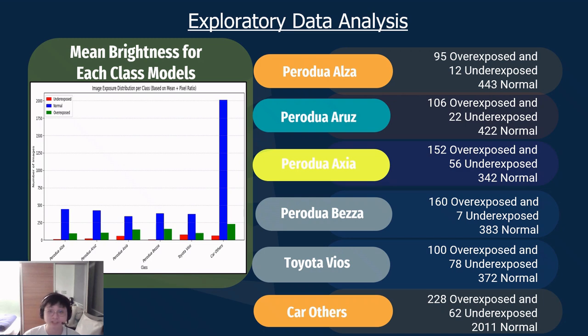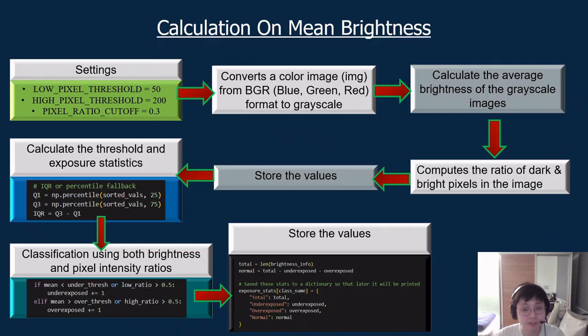And here is how we calculate the mean brightness and determine how the images are classified. In our code, we set the pixel thresholds: the low pixel threshold is 50, and the high pixel threshold is 200.